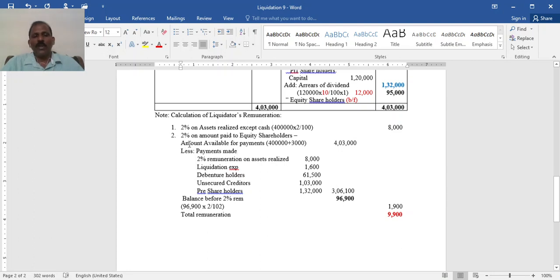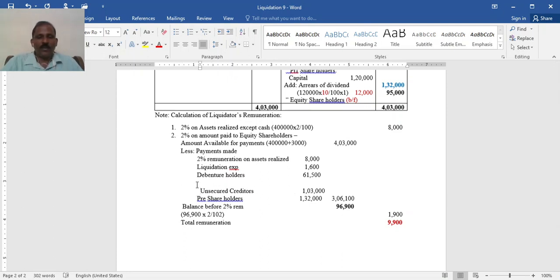Total amount available for payment 4,03,000, of which remuneration on assets realized 8,000, liquidation expenses 1,600, debenture holders total payment 61,500, preferential creditors 5,000, then 98,000 unsecured creditors, then preference shareholders 1,32,000.